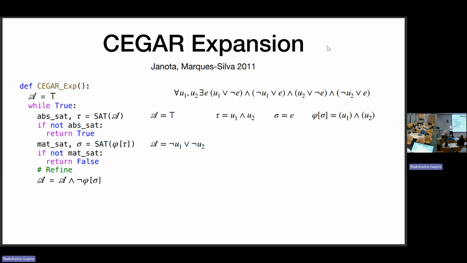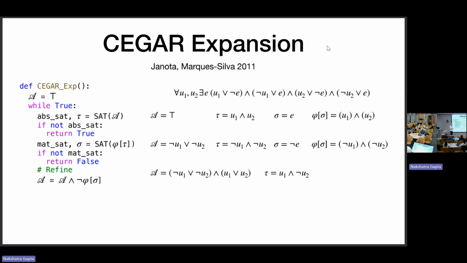Okay, so this here is now the new abstraction, and that's just the negation of this formula. So we go to the next iteration, find a move for the universal player that satisfies this abstraction, and one possibility is this: not U1 and not U2. Here, not E is a counter move for the existential player, and plugging not E into the matrix, we get this formula, and abstraction refinement will add the negation of this to the abstraction. In the next round, we have this abstraction here.